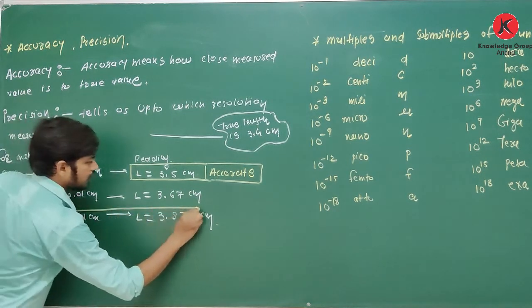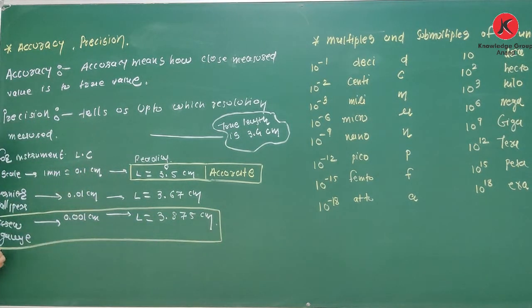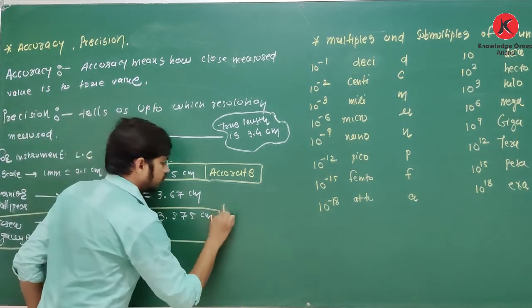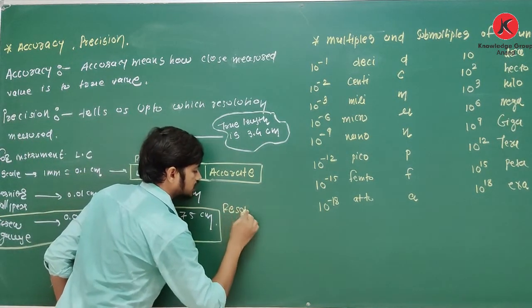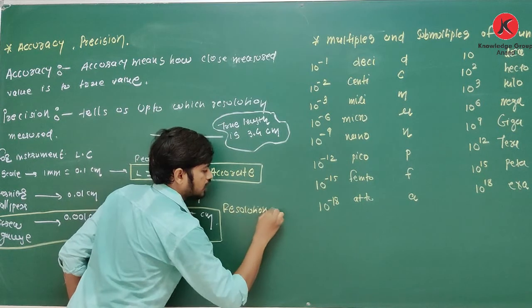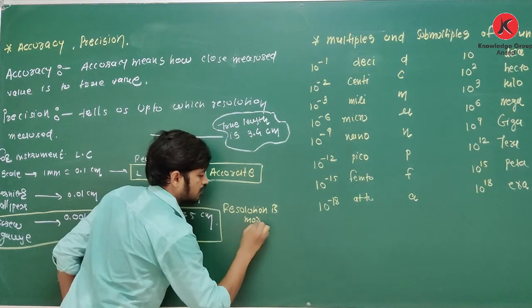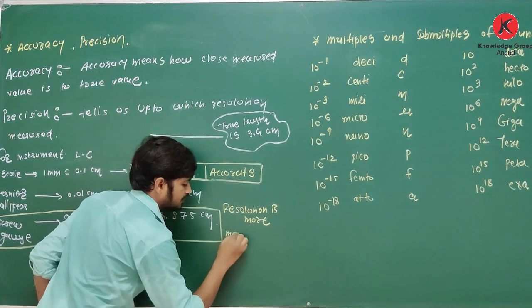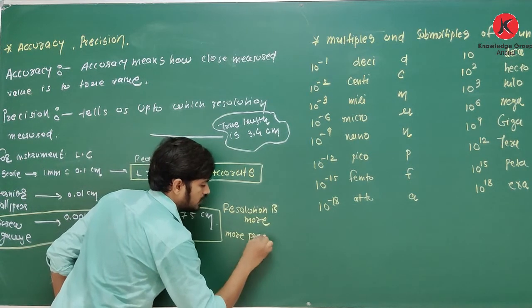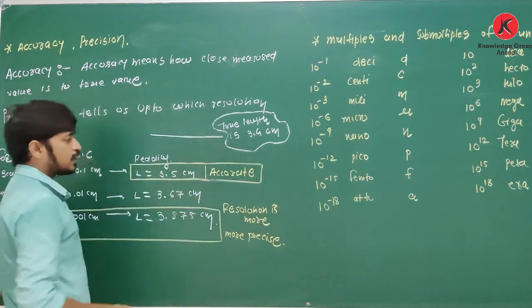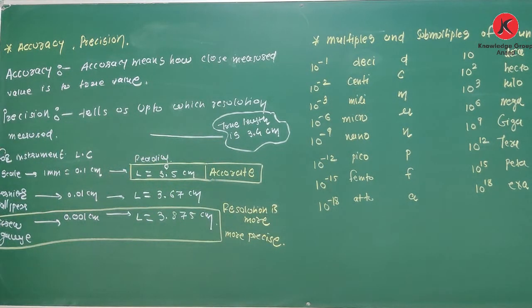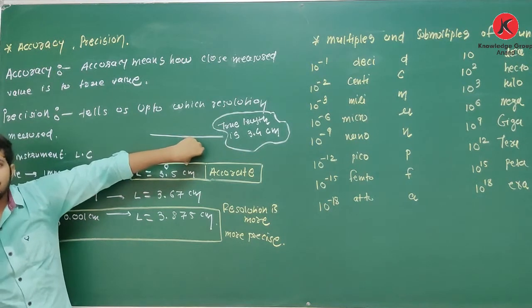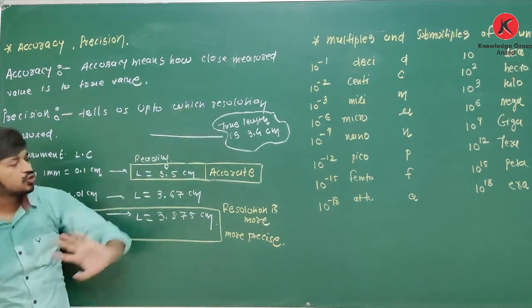So yes, here the resolution in this reading is more, which means it is more precise. Clear about this? So that is the difference between accuracy and precision. Accuracy means the measured value which is close to the true value.